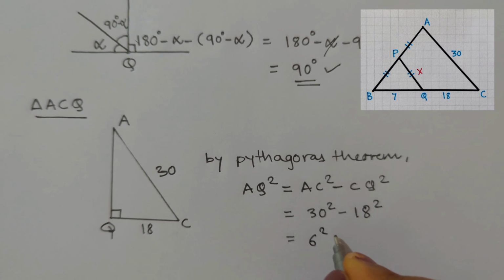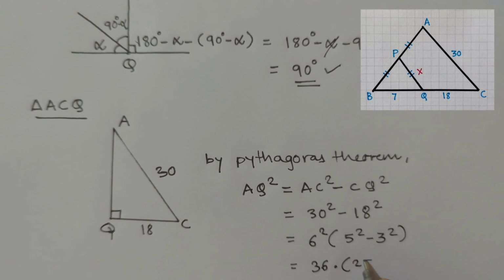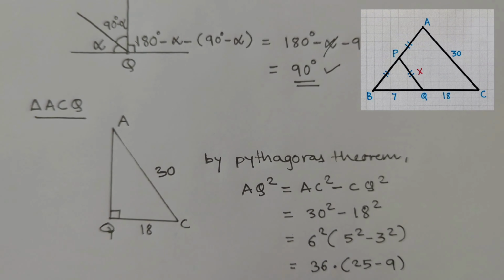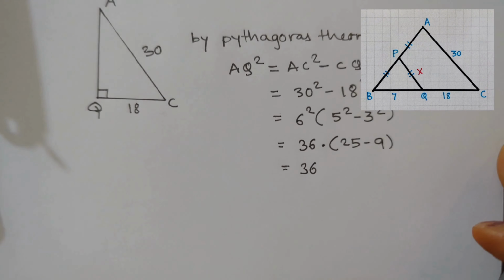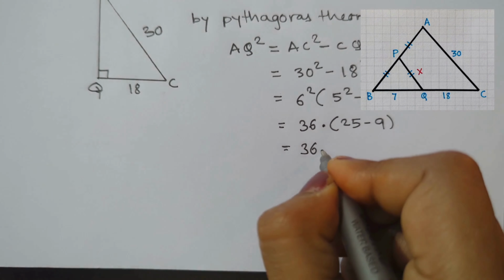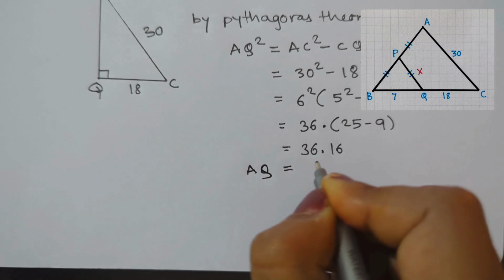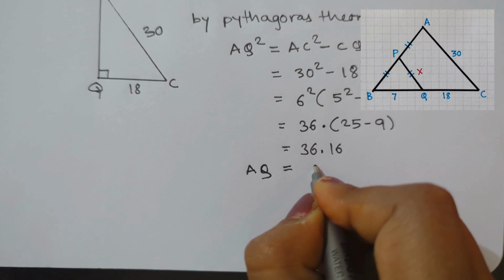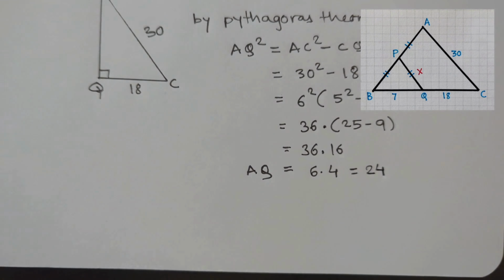We can take 6 square in common: 5 square minus 3 square, which would be 36 into 25 minus 9. It would be 36 into 16. Therefore, AQ would be 6 into 4, which is 24.